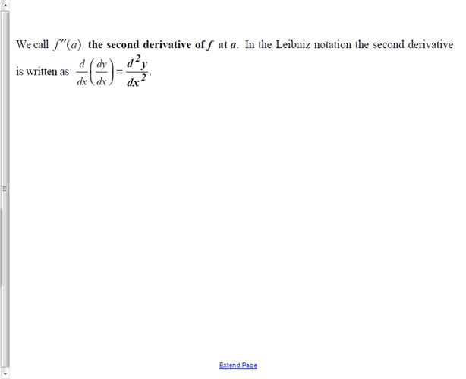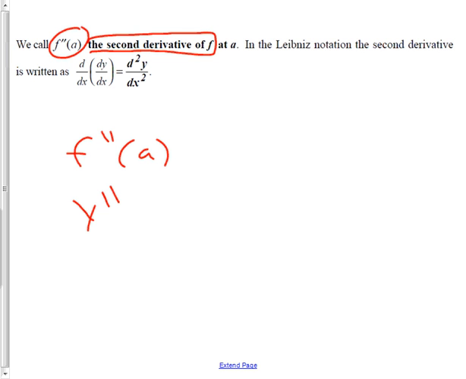a notation that I already gave you, the second derivative of f, we write as f double prime of a, or y double prime, or another notation is, the derivative of the derivative, we write as d squared y over dx squared.